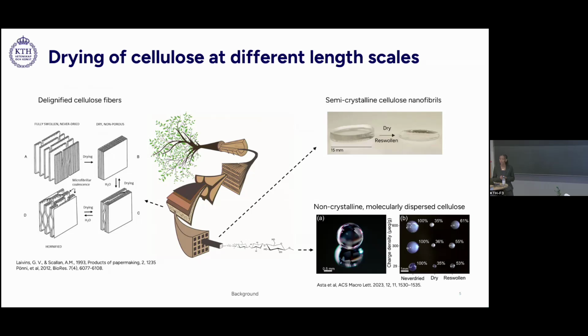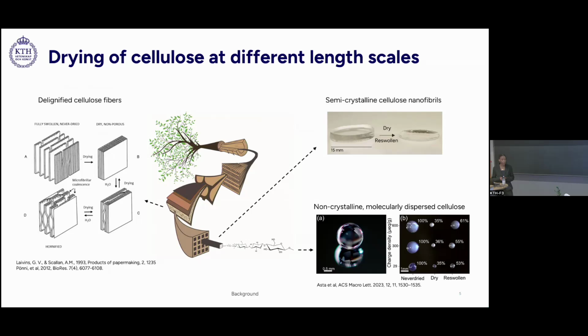And hornification encompasses a bunch of property changes, such as increased fiber stiffness, reduced fiber flexibility, aggregation at different structural levels of the fiber wall, and perhaps most notably, a reduced ability to hold water. And it is also associated with cost issues in industry.